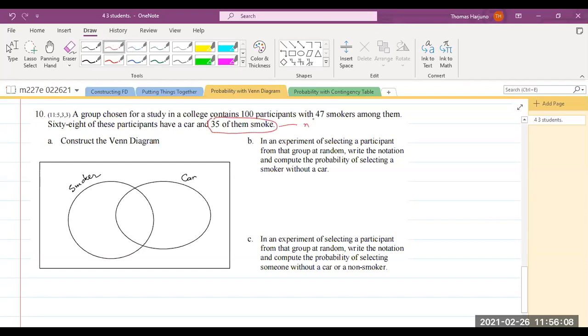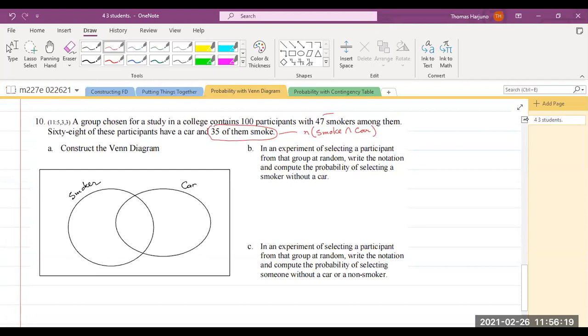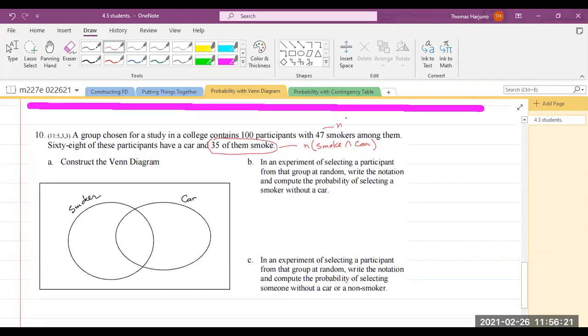So this is the number of people who smoke and have a car. This is the number of people who smoke. And 68 is the number of people having a car. Okay. So 35 having a car and smoke.